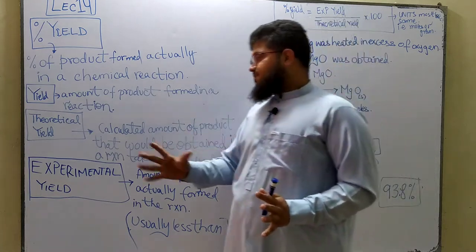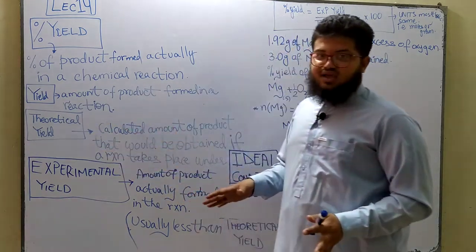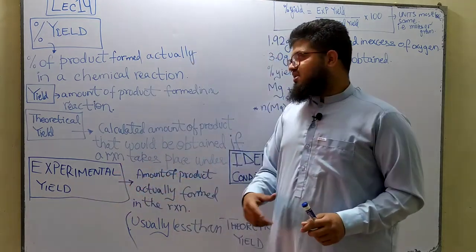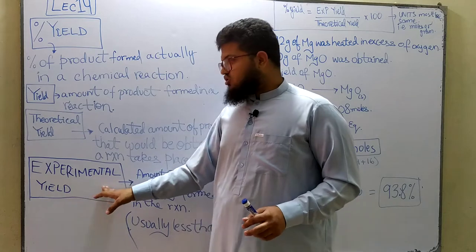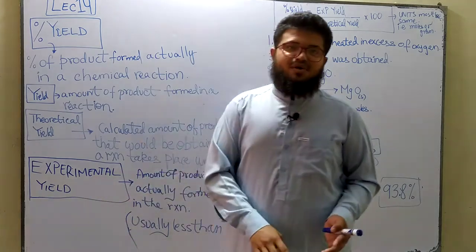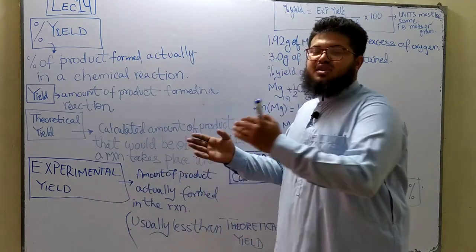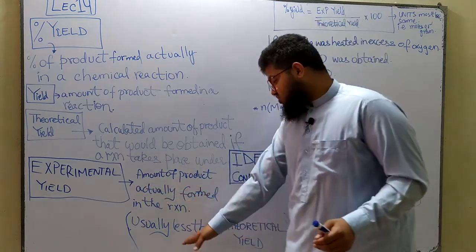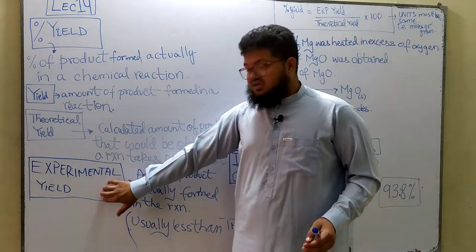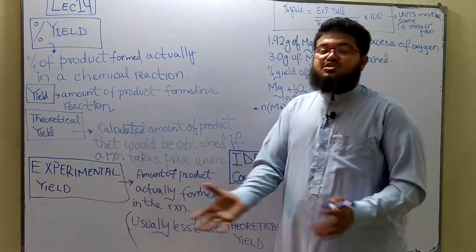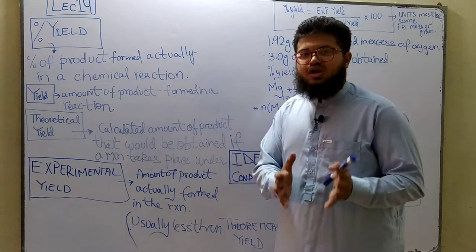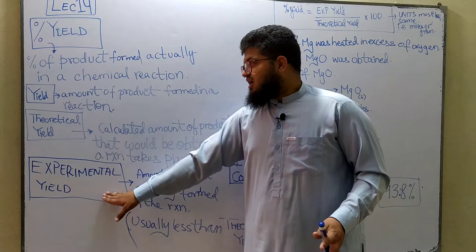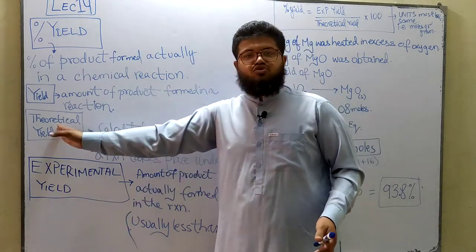Now in reality we don't get our theoretical yield, rather we get our experimental yield or our actual yield. Experimental yield, which is also called the actual yield, is the actual amount of product formed in the reaction, due to the different limitations of that reaction. If this experiment is taking place under perfect conditions, which is very difficult, then the maximum amount of product that you will get is going to come very close to the theoretical yield.